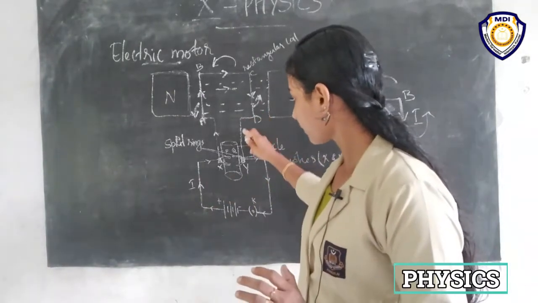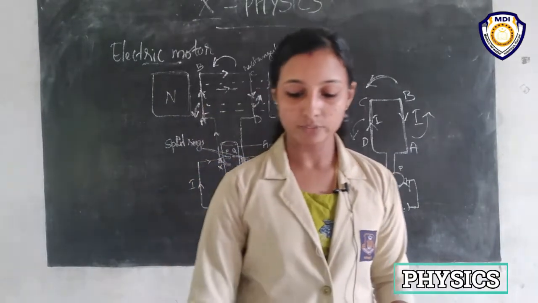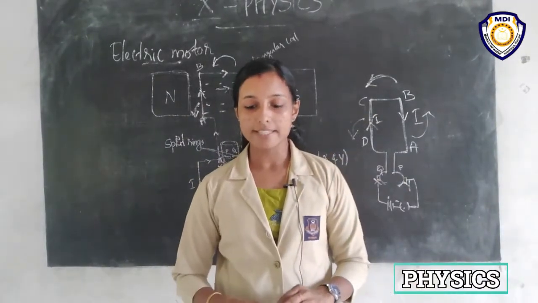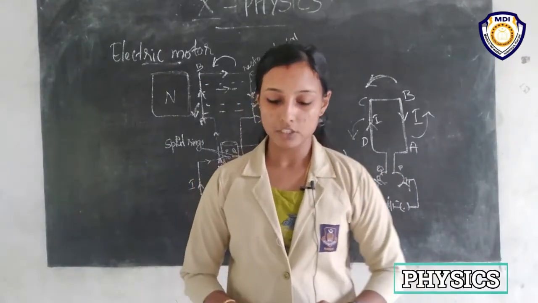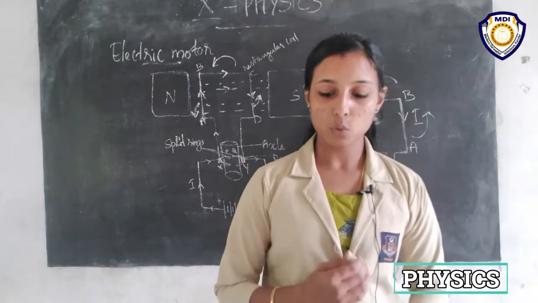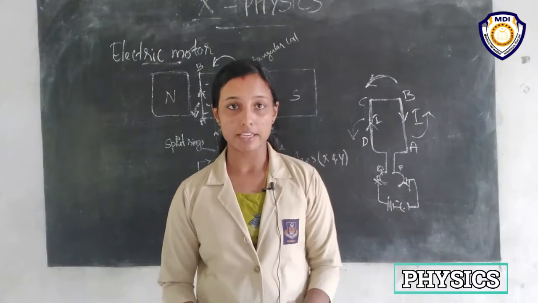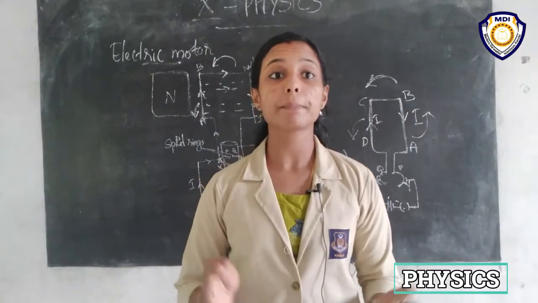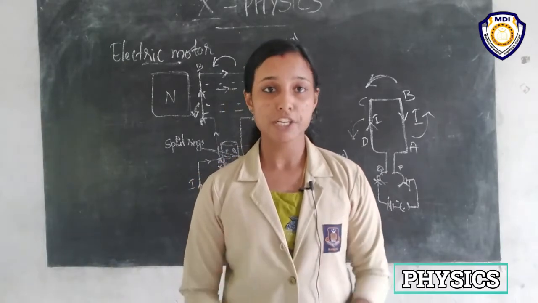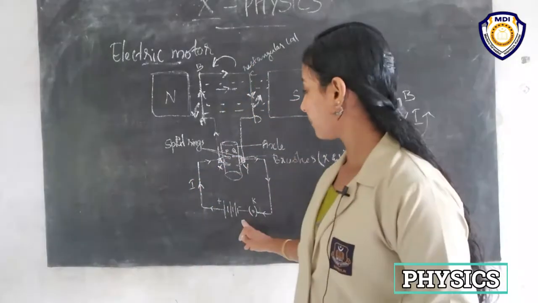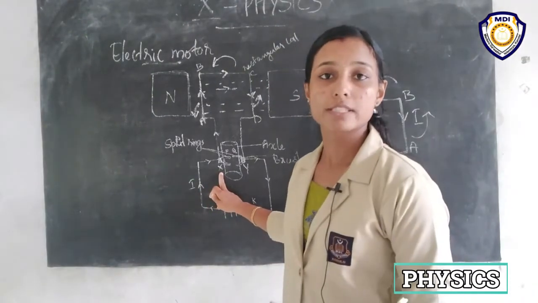The inner sides of the halves are insulated and attached to an axle, and the external conducting edges of P and Q touch the stationary brushes X and Y. So you should notice that the brushes X and Y are stationary, right? Then only the current passing through this will be the same, right?